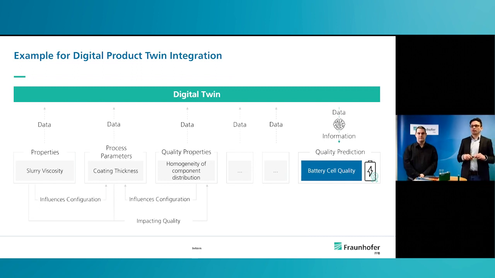And then we might also have some information attached to our twin of the battery cell, for example, the homogeneity of the component distribution. And based on all of this data available, at later stages of the production, for example, before we go into the formation process, we can then use the data that is available for our battery cell.